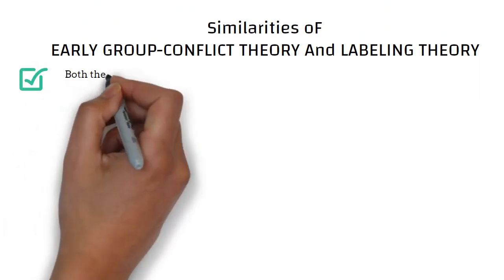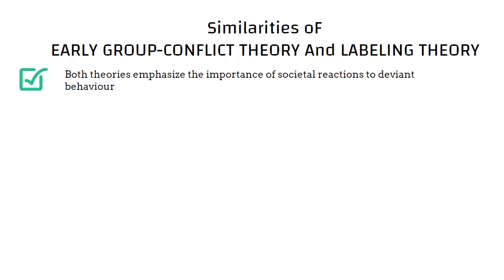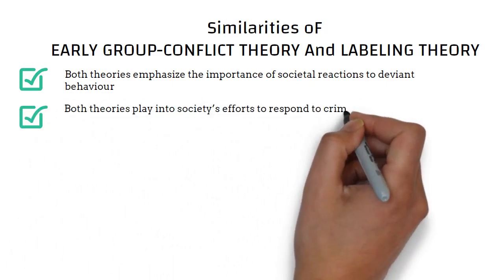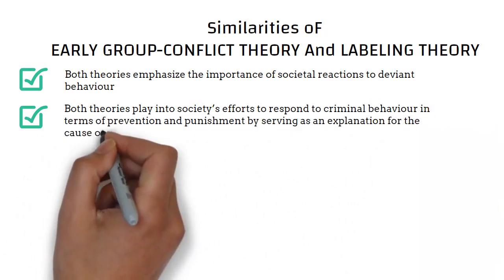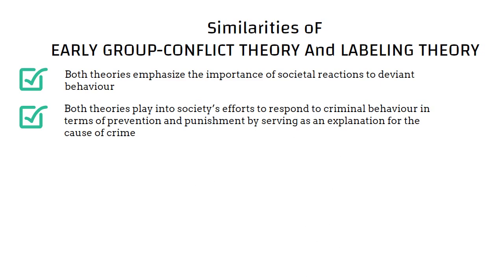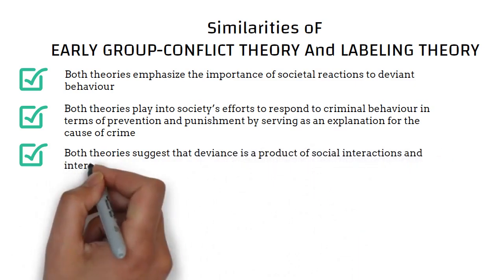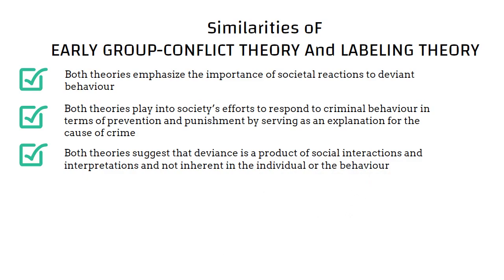Now, these two theories have similarities. These theories emphasize the importance of societal reactions to deviant behavior. These theories play into society's efforts to respond to criminal behavior in terms of prevention and punishment by serving as an explanation for the cause of crime. These theories suggest that deviance is a product of social interactions and interpretations and not inherent in the individual or the behavior.